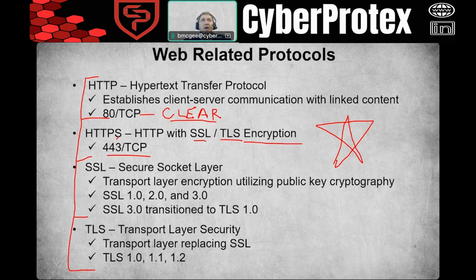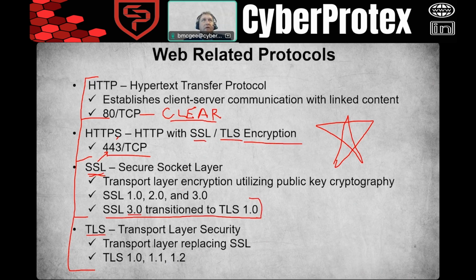It's a little weird if you've not been doing this for a while, but SSL was what we first used, and it runs over port 443. Then this thing came out called Transport Layer Security, and SSL began using Transport Layer Security with version 3 of SSL.